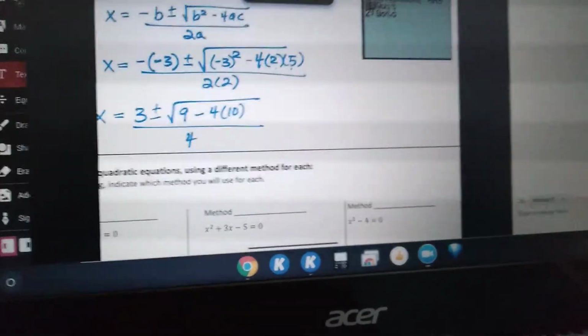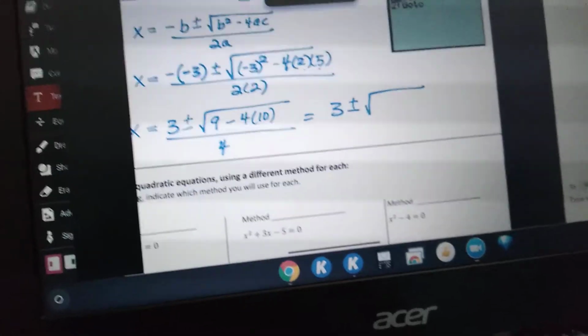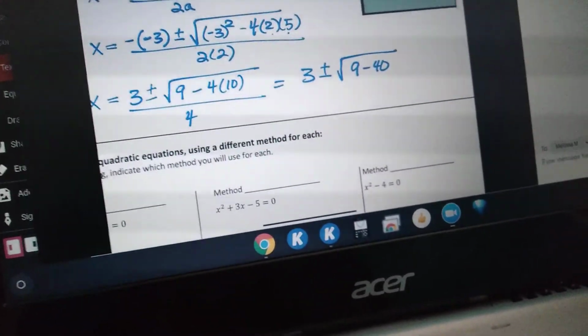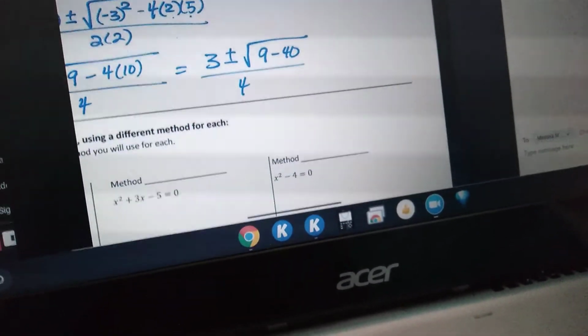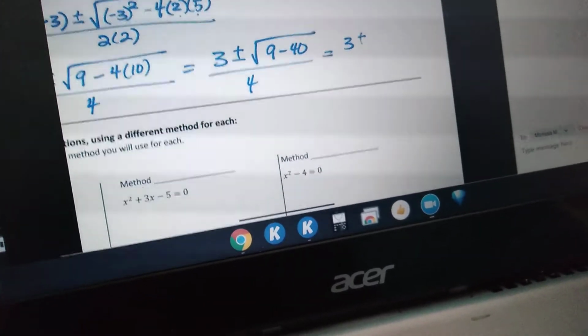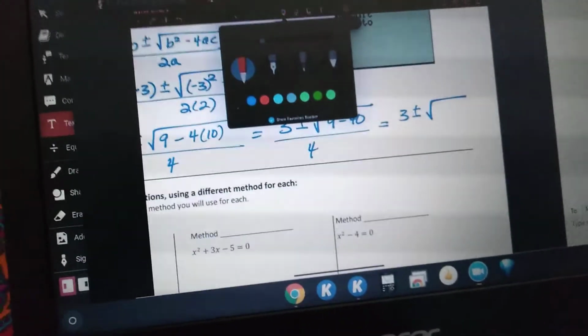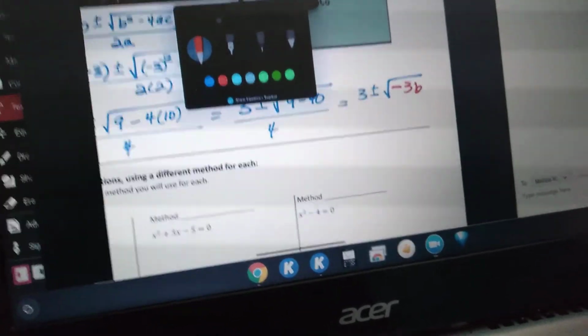Good. So now this simplifies to 3 plus or minus the radical of 9 minus 40, all over 4. Everybody with me? Yes? Okay. Equals 3 plus or minus the square root of 9 minus 40, which is a big fat negative 36, over 4.